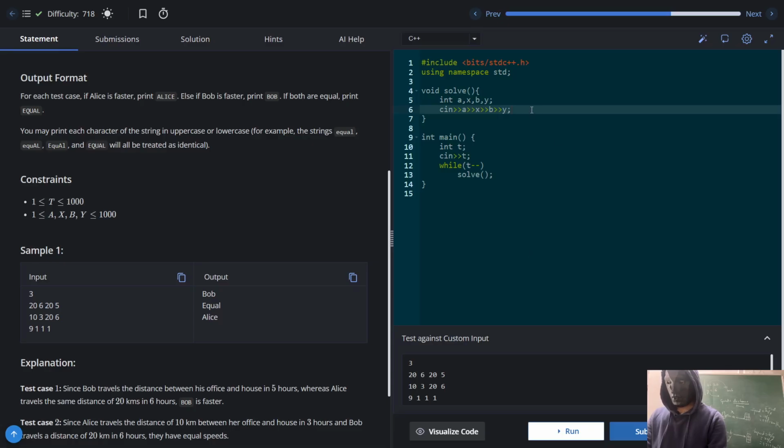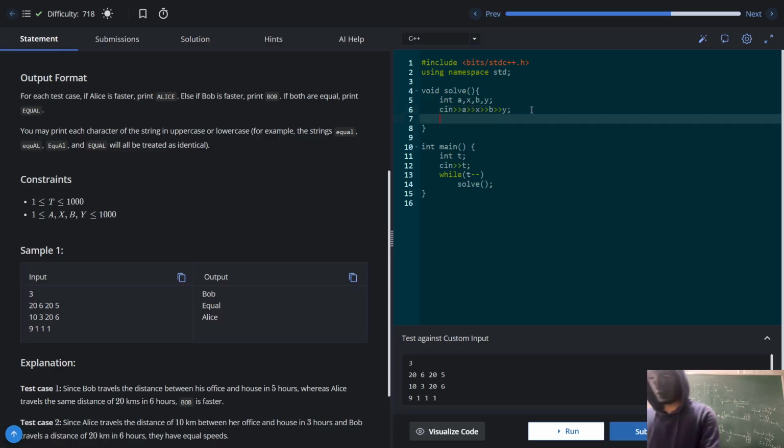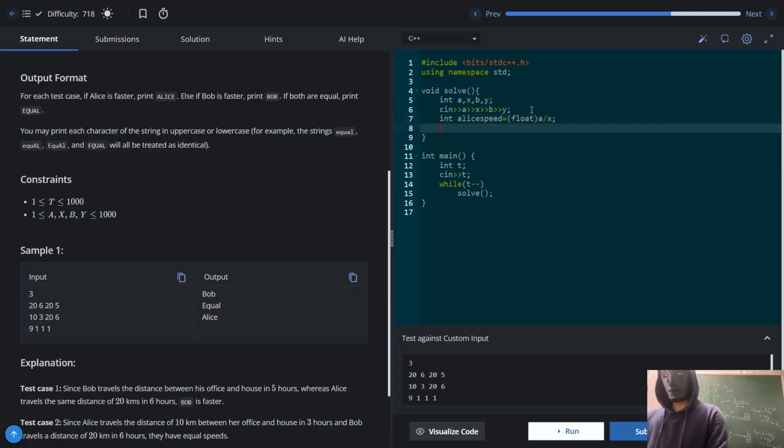One thing you might have missed is that you would have used integers. Let me tell you. See, Alice's speed is given by a by x. If you use this, since both are integers, the point value will be missed. So let's typecast this a to float, and float by integer will give you a float value, and speed will be float too, because with integers that point value will be missed.